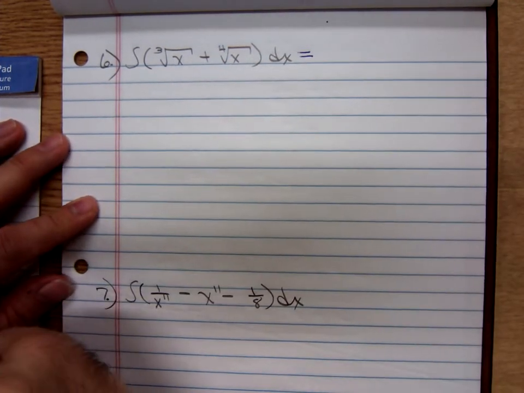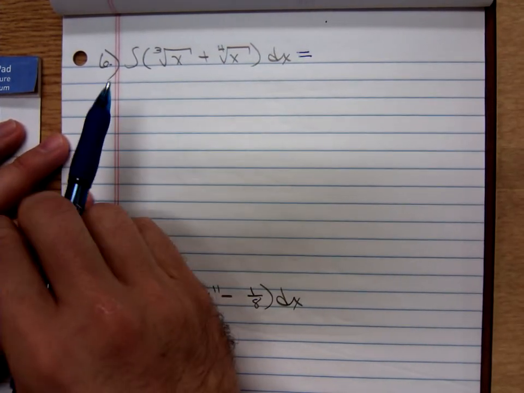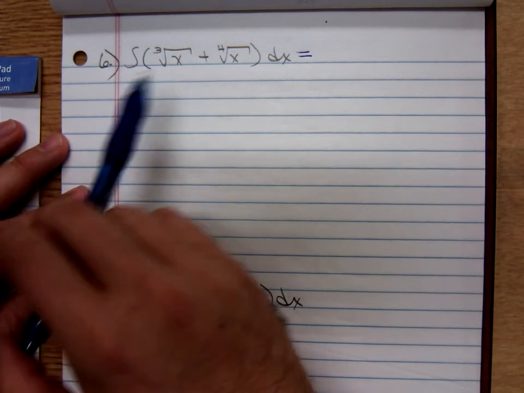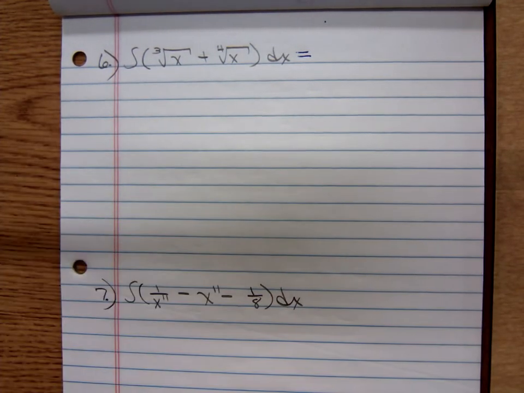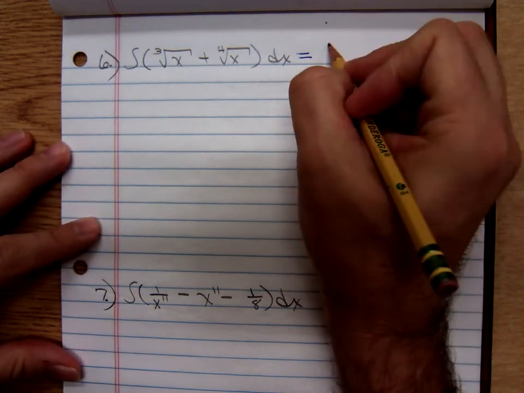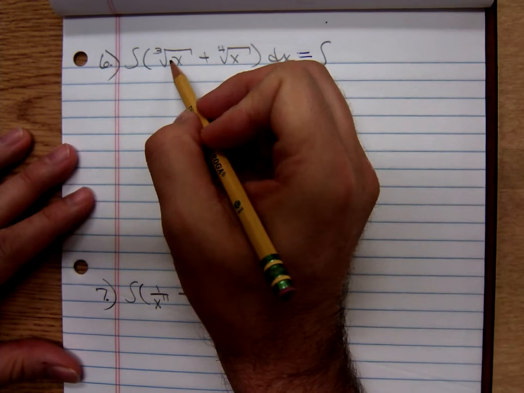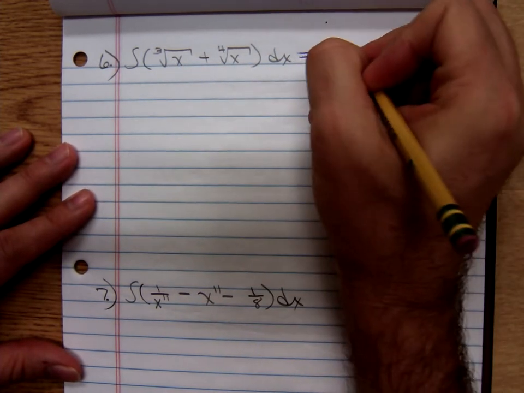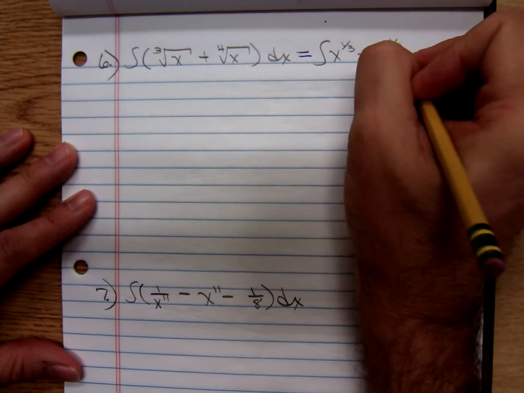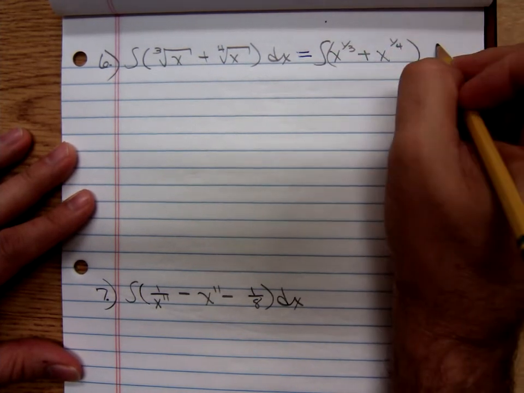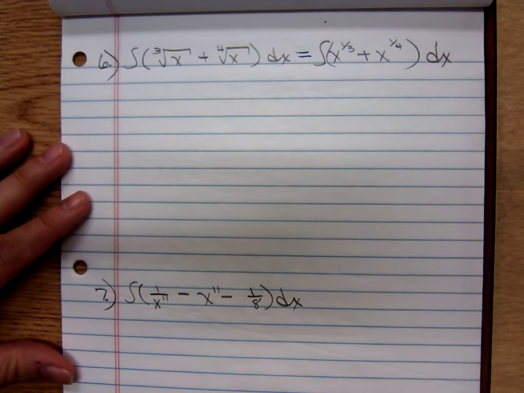We know what to do when we run into antiderivatives of functions containing radicals, whether we're differentiating or anti-differentiating. We're going to have to rewrite it using an exponent: that cube root of x is x to the 1/3 plus x to the 1/4 in terms of x.